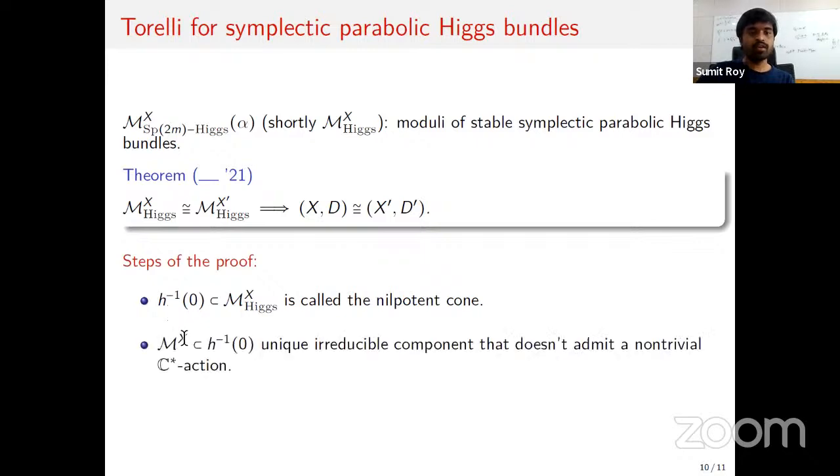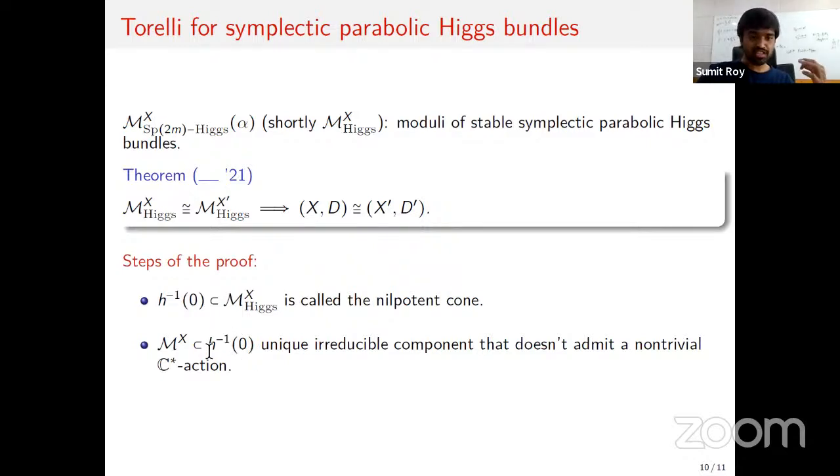The moduli space of stable symplectic parabolic bundles, that is, without the Higgs field, sits inside this fiber H inverse 0, because in it the Higgs field is 0, so the characteristic polynomial is also 0.